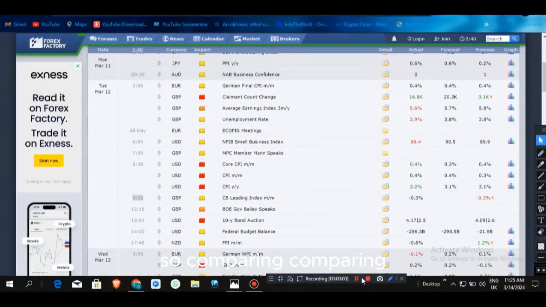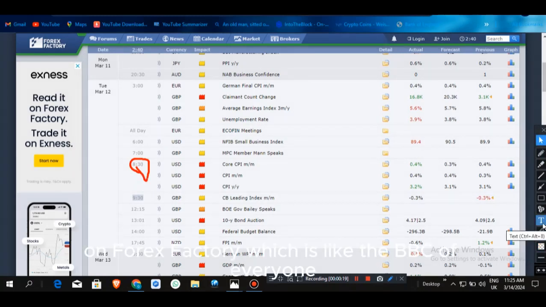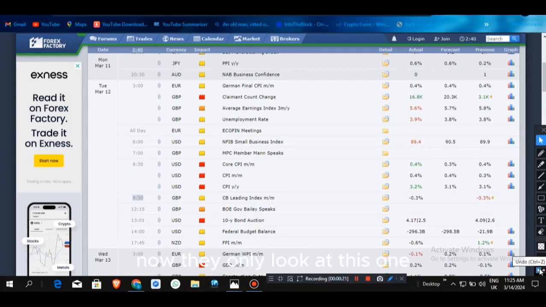Comparing different sources of information is the best thing you should do. Now we can see here that at 8:30 there was high impact news on Forex Factory, which is like the big source for everyone. You only look at this one. Love to combine different news outlets. So at 8:30 there was news.